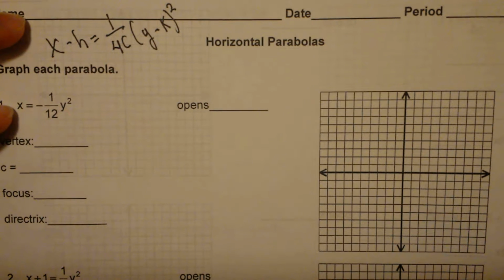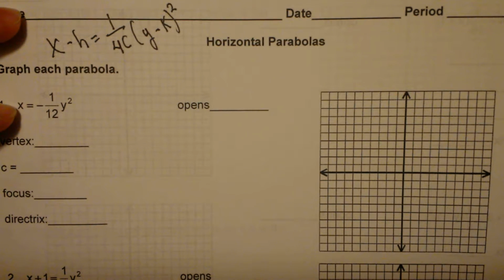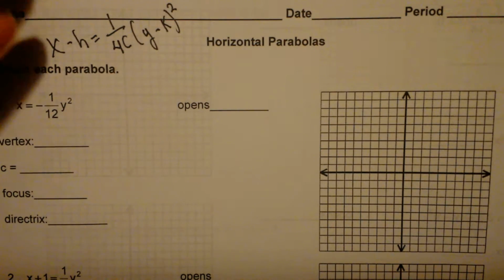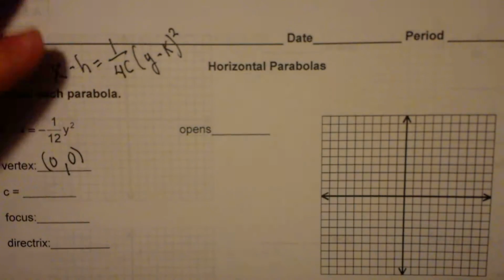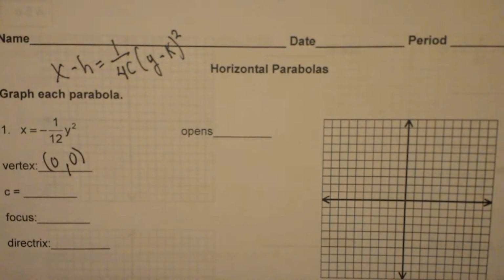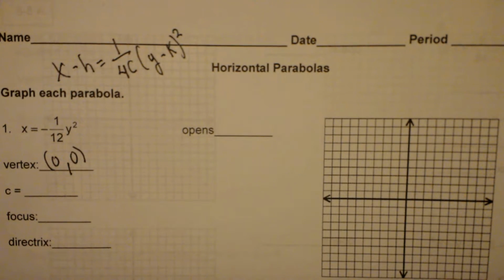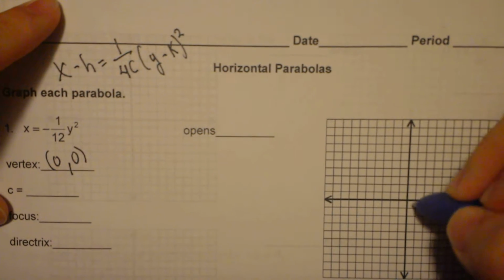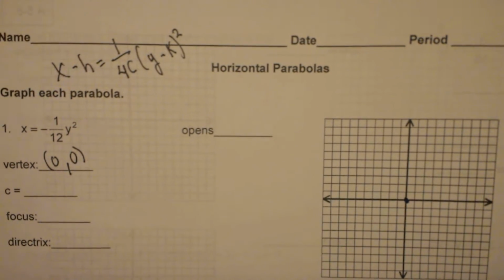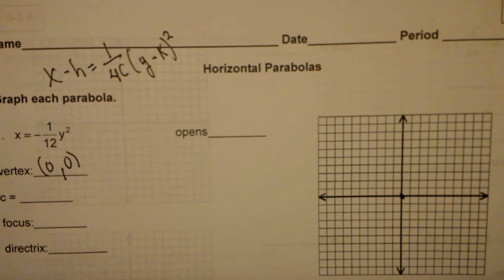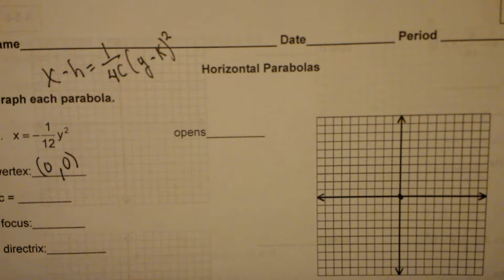So here, I'm not adding or subtracting anything from x or from y, so my vertex is the origin, 0, 0. Since it is x equals and not y equals, it's going to be opening left or right.